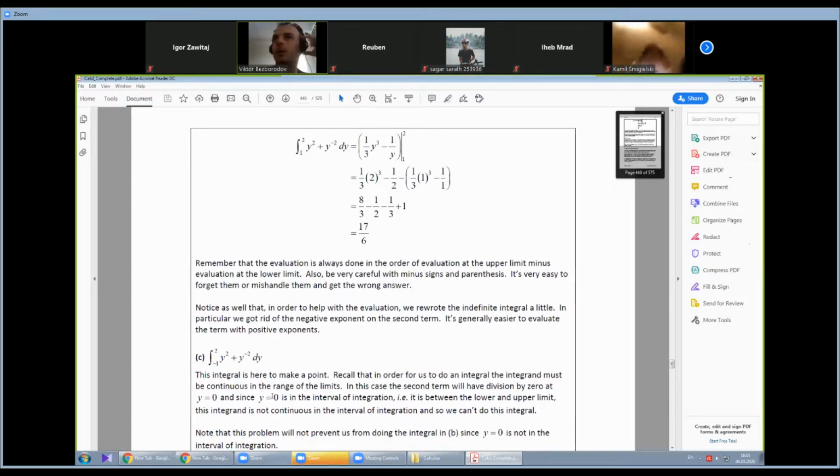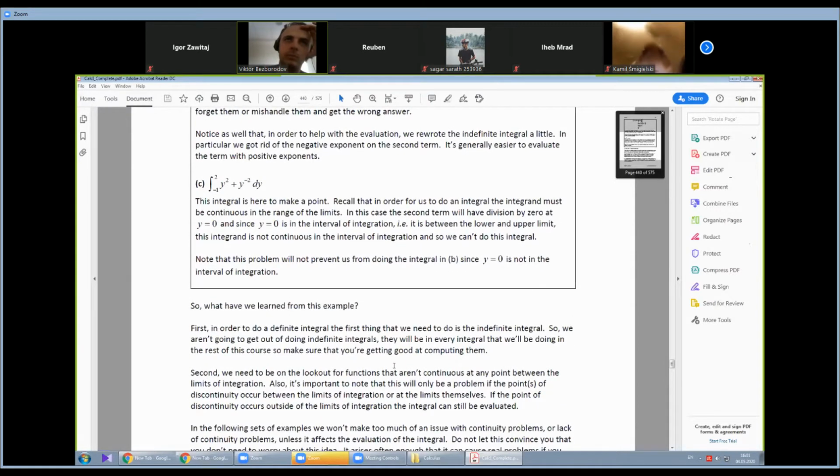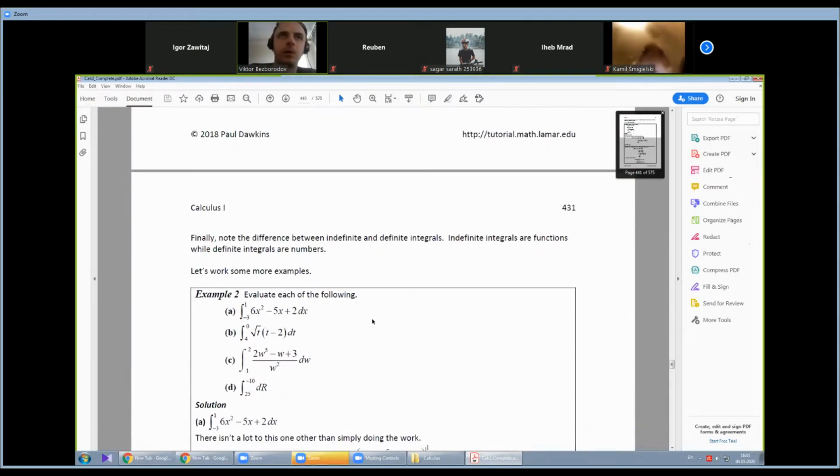The function has to be continuous to apply the fundamental theorem of calculus. So you need to make sure that it is continuous. And then if it is continuous, you can apply the fundamental theorem of calculus, and of course you try to keep track of all the signs and that you compute everything correctly.